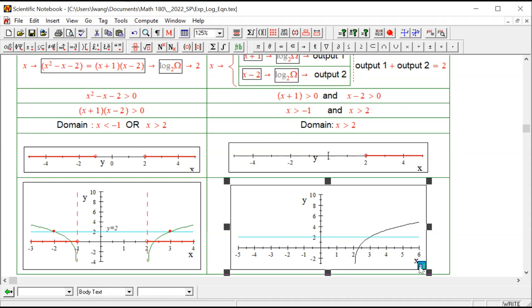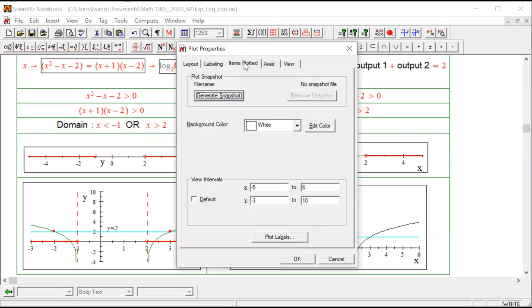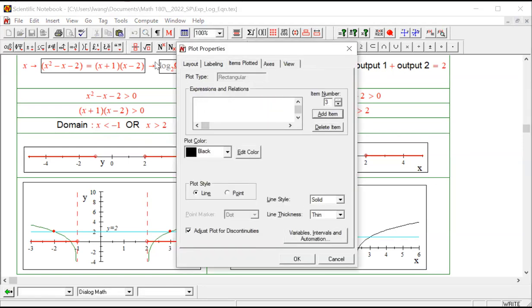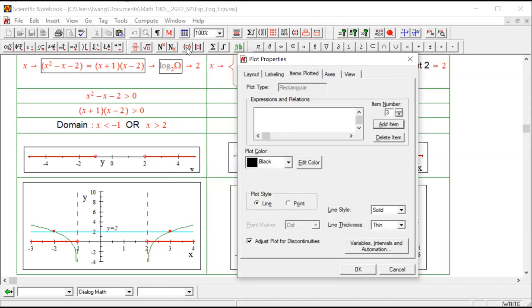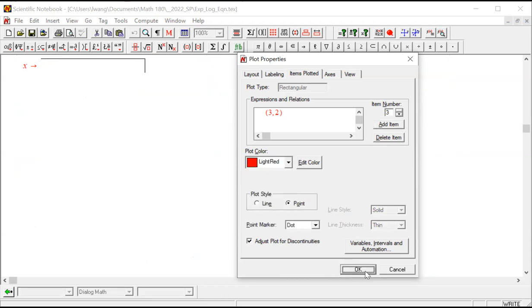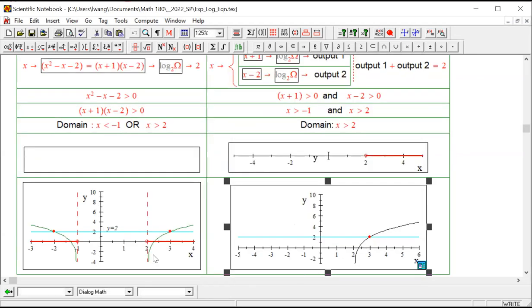We already anticipate the solution, and this solution is going to be 3, 2. So that red dot is right there. In this case, you have 2 solutions. In that case, you have 1 solution.